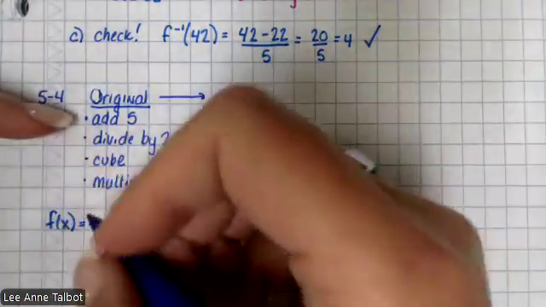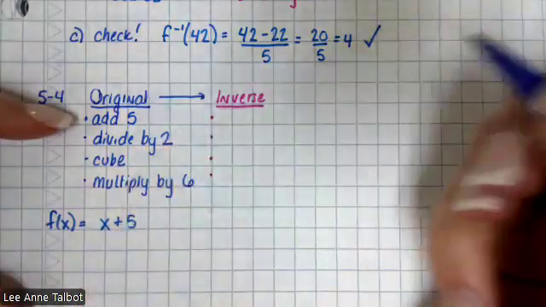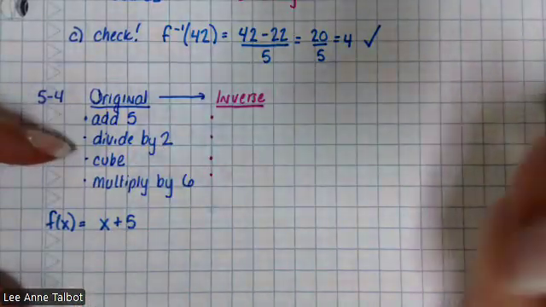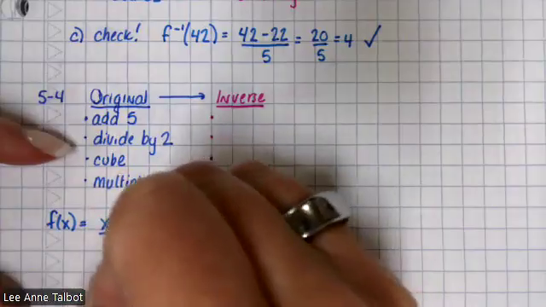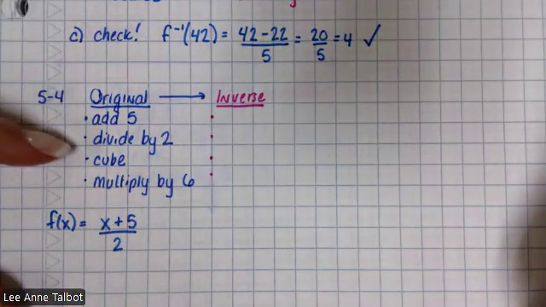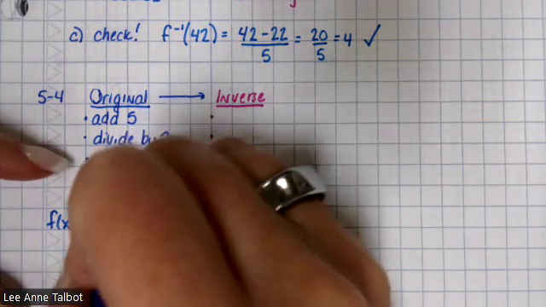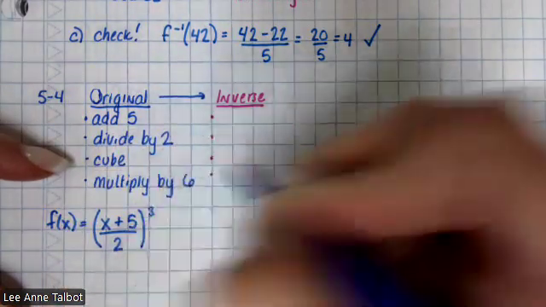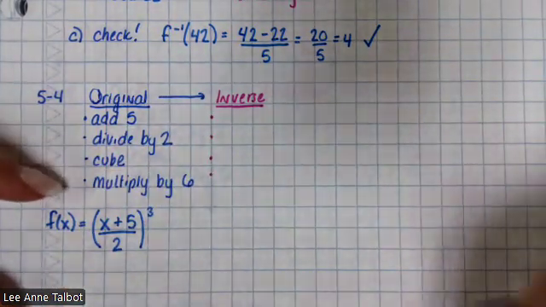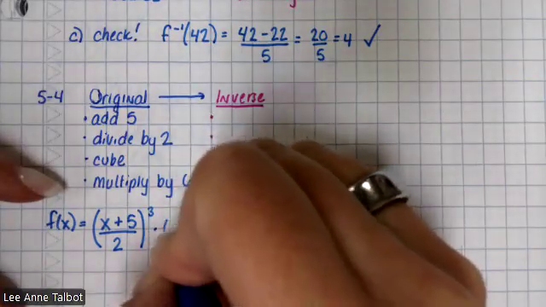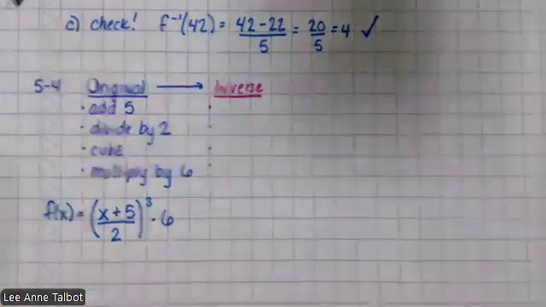Okay, add 5. Divide by 2 on everything. Cube everything. Multiply by 6 on everything. Okay, now I hate the way this looks.